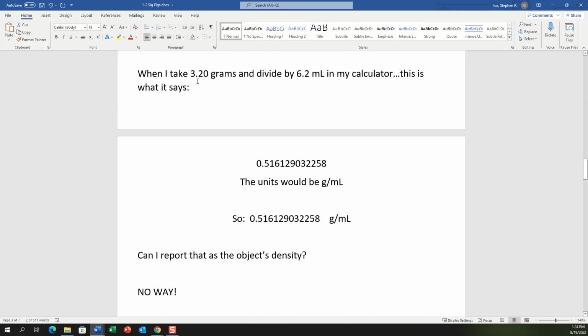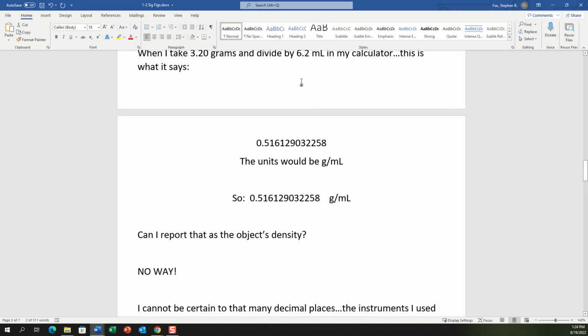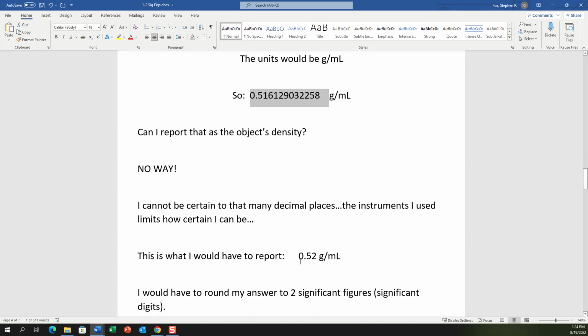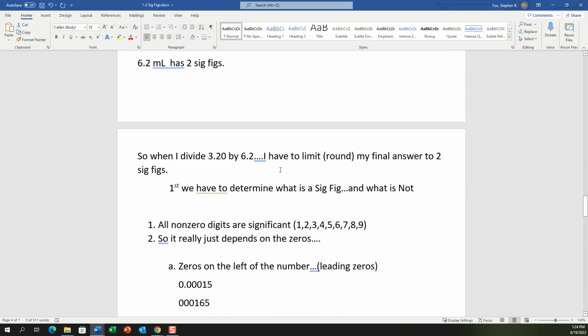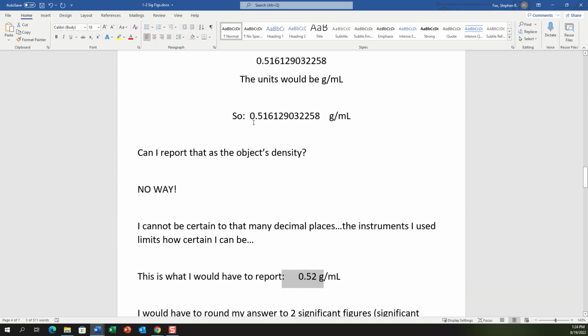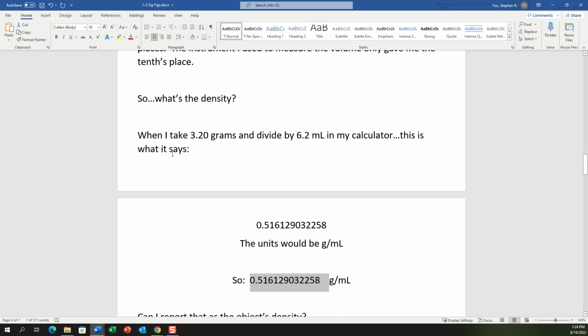Again, I got my measurements, I put them in my calculator, this is what I get, but that's not what I can write down. That's not what I can report. I got to switch it to here, okay? And again, it's all about reporting ethical numbers, right? You can't be certain that this is the density using the instruments that gave you these measurements, because these measurements aren't that certain.